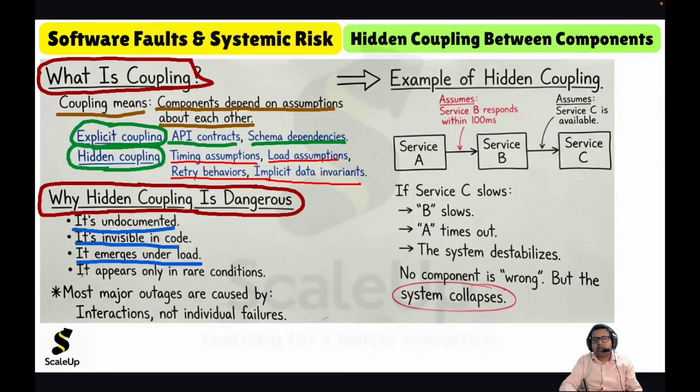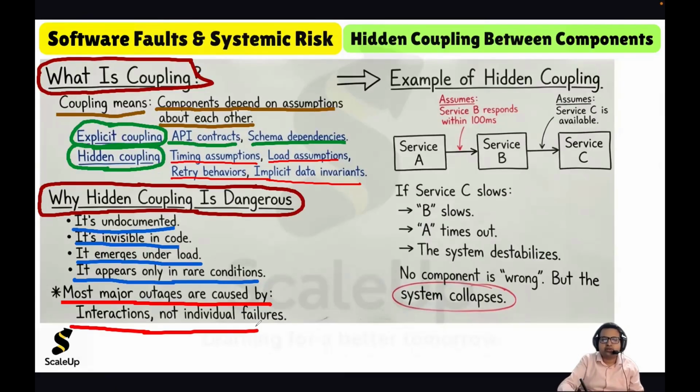So hidden coupling appears only in rare conditions. Most major outages are caused by interactions, not individual failures. This is a very important observation. In software systems, let us suppose you did very rigorous testing and the software passed all the tests.